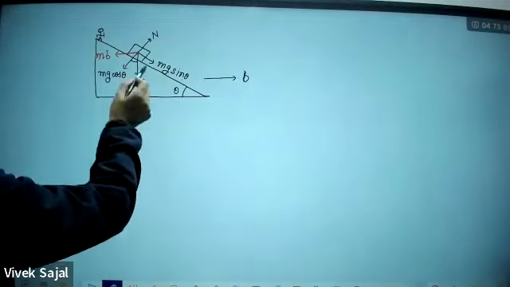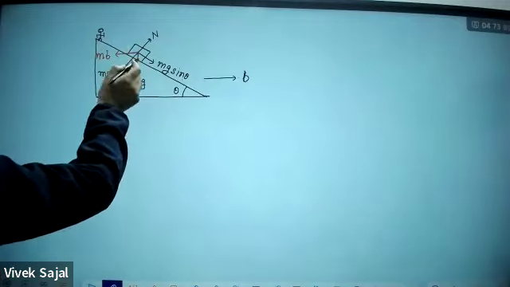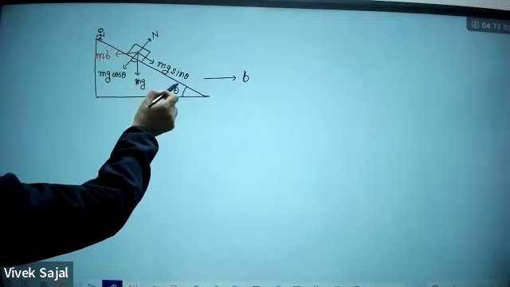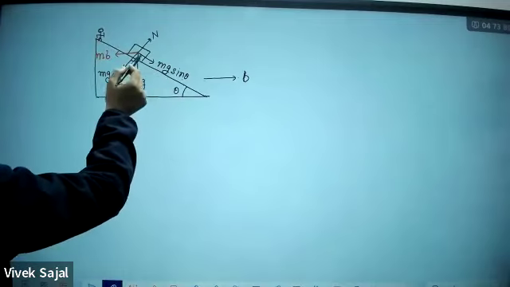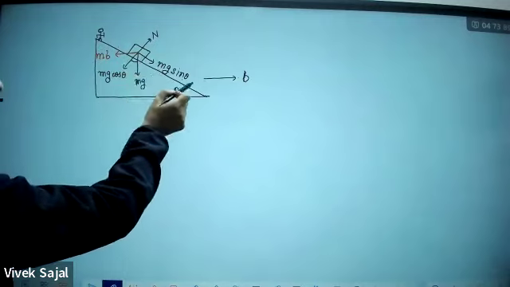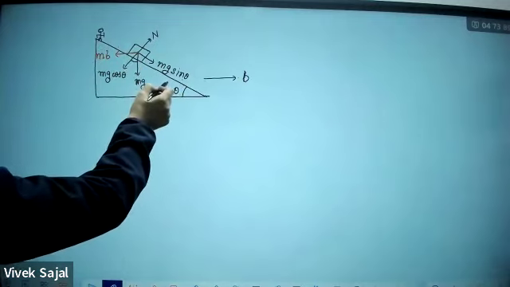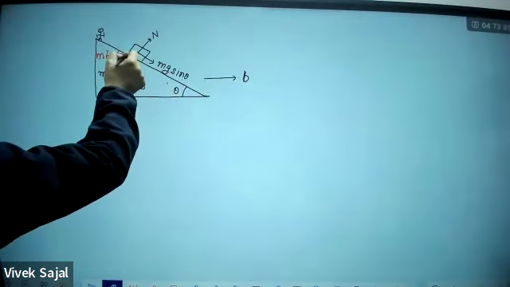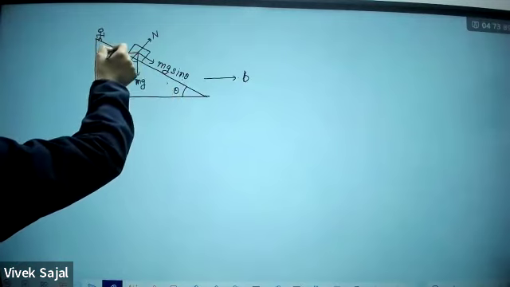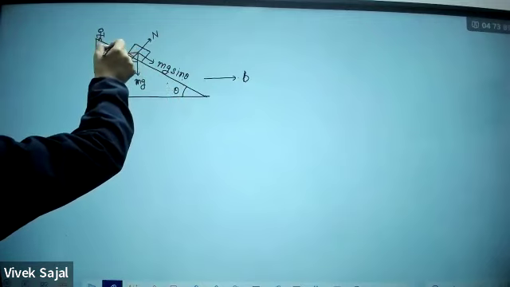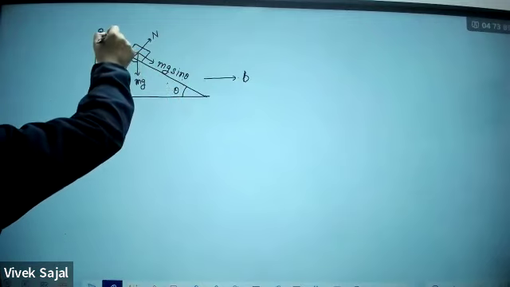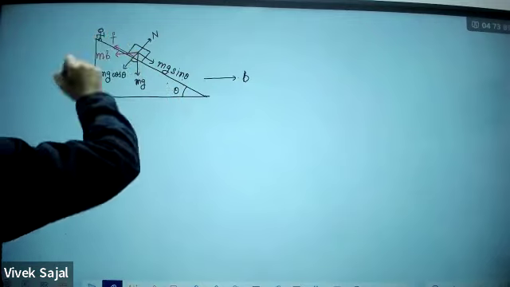And suppose this is a rough plane. Because if this is a smooth plane, try to understand, the expected motion of this block will be downward with respect to this frame. So what will be the direction of the pseudo force? The pseudo force on this block is going to act opposite to the expected motion.